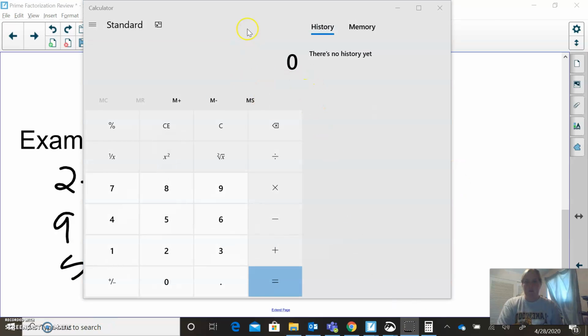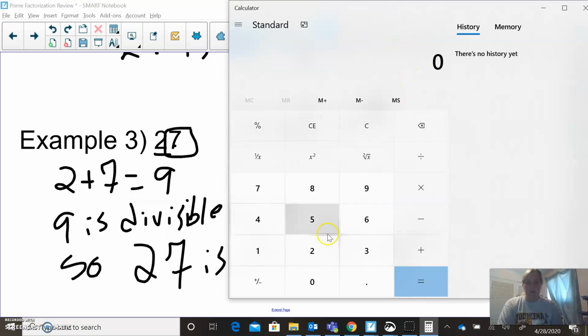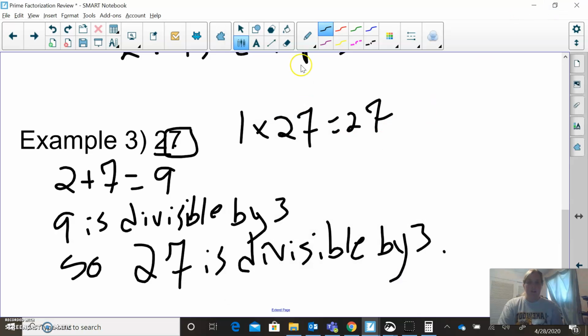And you can even try 27 divided by 3. 27 divided by 3 is 9. So what that means is that 3 times 9 equals 27. So 27 is composite.